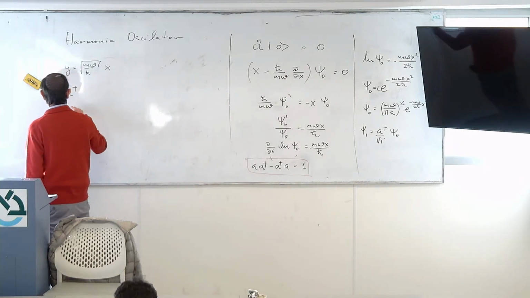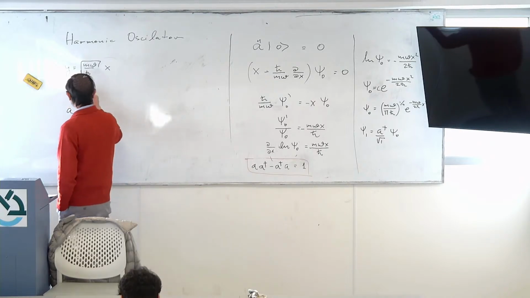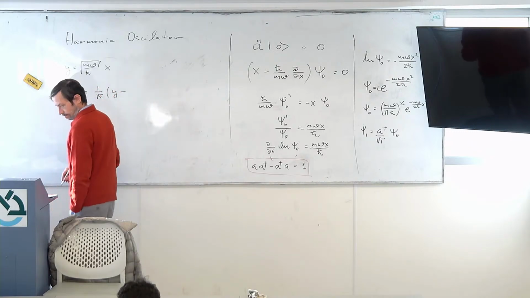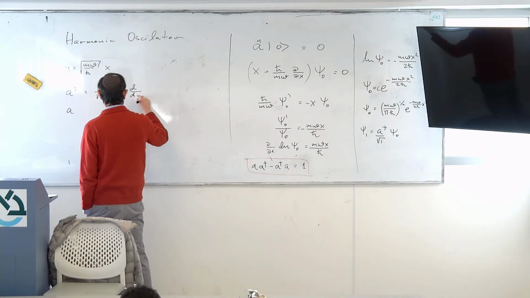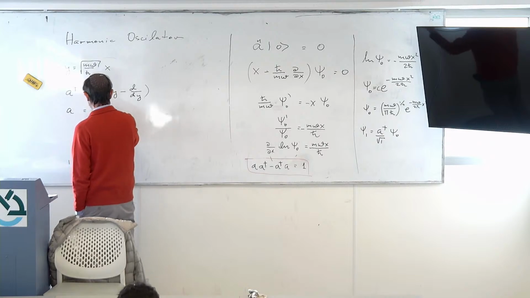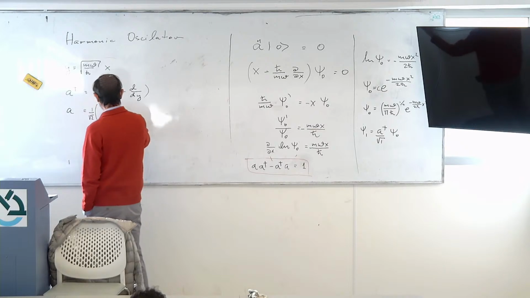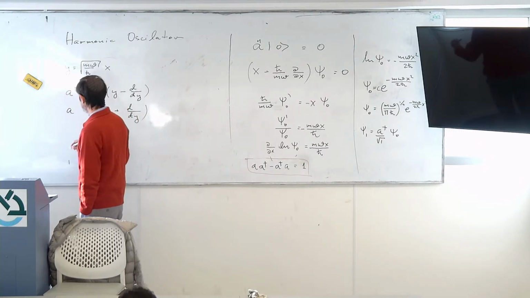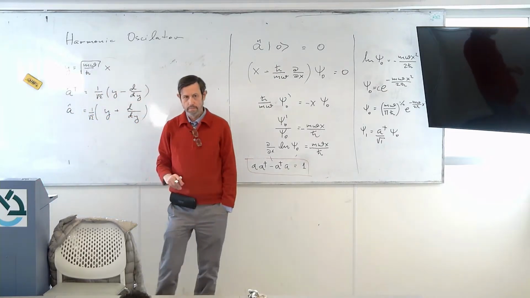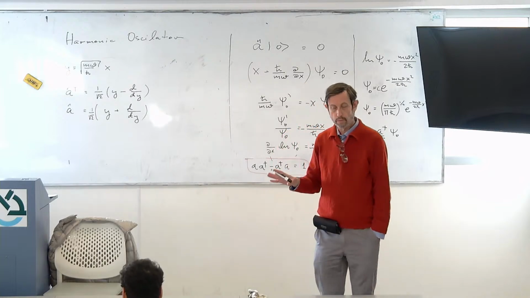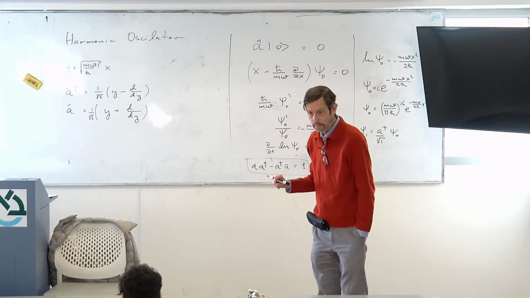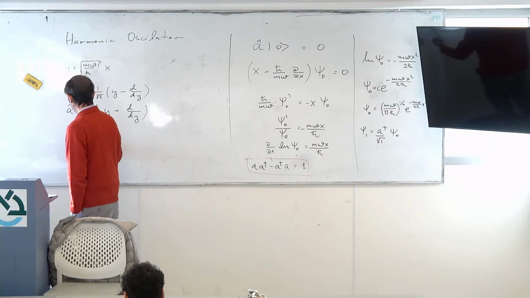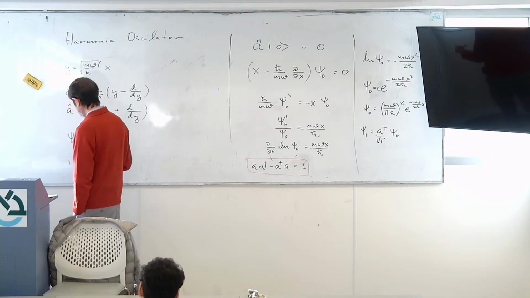And I'll rewrite the definitions of A and A dagger using this notation. y is not an operator. y is a regular variable. So I'm just rewriting the definition.